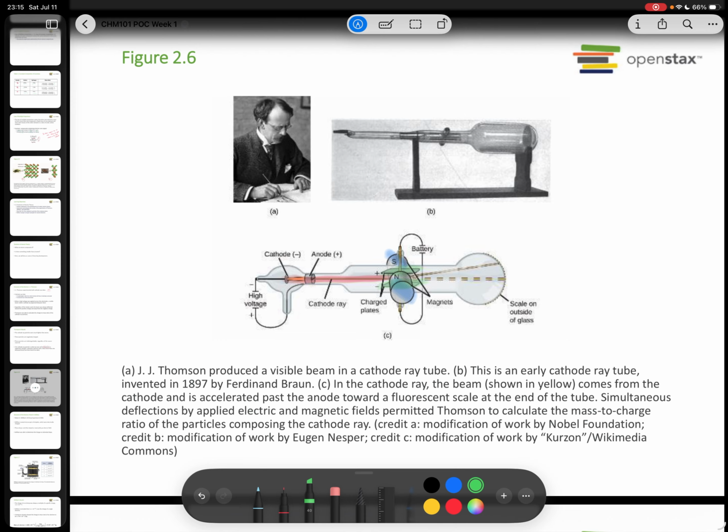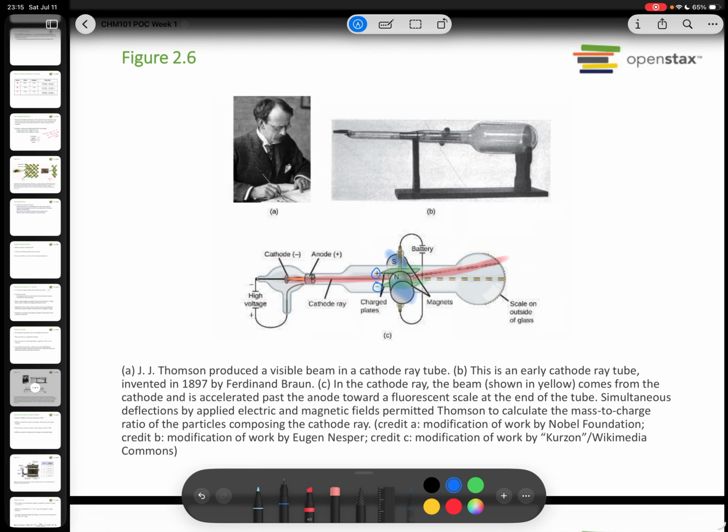And nakikita niyo na nag-deflect siya sa positive side. So yun. Ino-observe kung paano nagde-deflect yung beam. So baka mamaya hanap niyo yung positive side. Ito siya. Positive plate, negative plate. Okay?